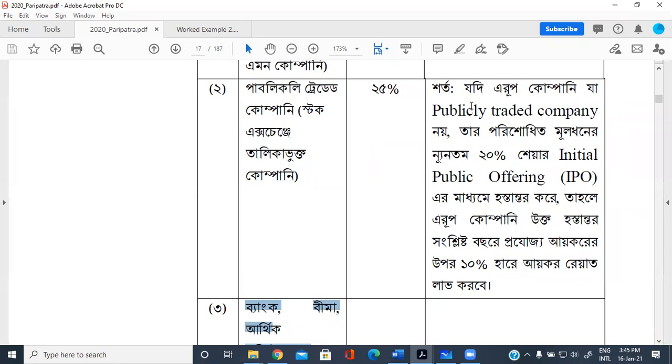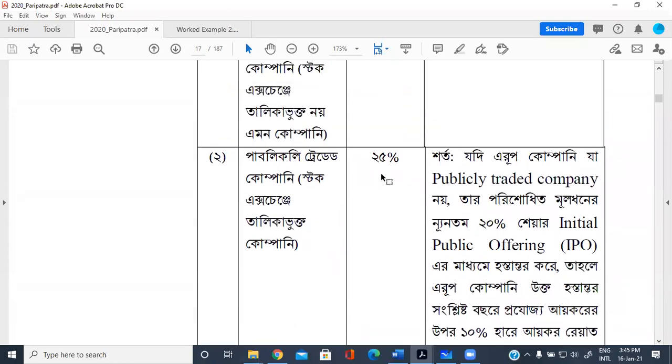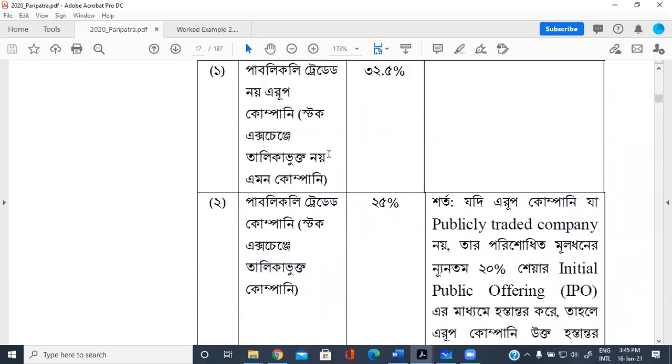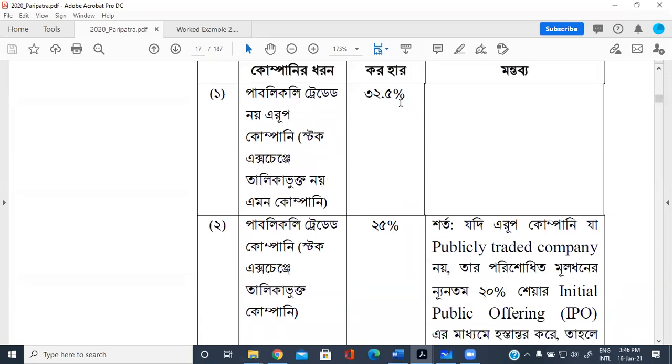Let me tell you about a company which has recently got listed. Have you heard about Lovello ice cream? Yes, sir. That company is Tofika Food. That company faced the tax rate of 32.5% because it was not publicly listed.